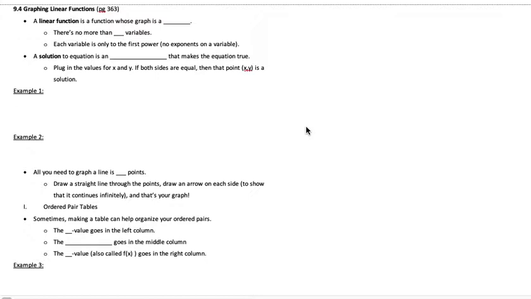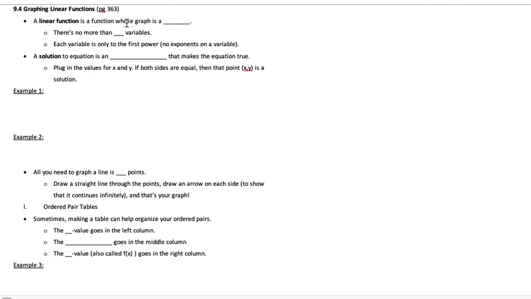When you graph a linear function, it is a set of numbers that, when you plot them, make a straight line. A linear function is a function whose graph is a line. And in a linear function, there are no more than two variables.